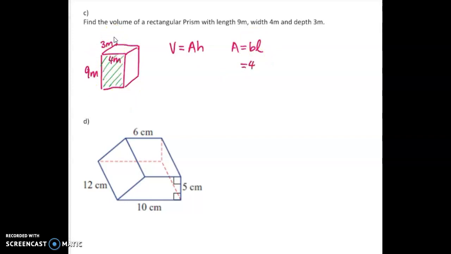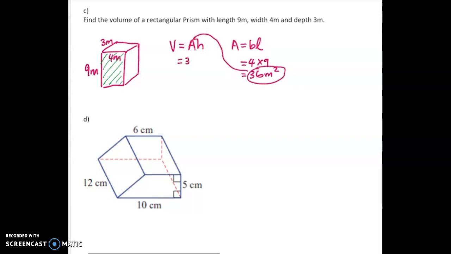So you write that down, 4 times 9, which is 36 square meters. We now take that and substitute that into the volume formula. And so we get 36 times the height of the prism, which is 3 meters. And that should give us 108 cubic meters. And you can do that calculation on your calculator.